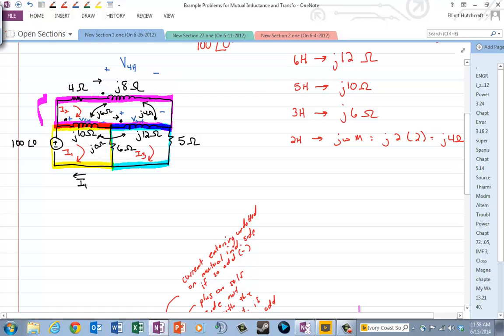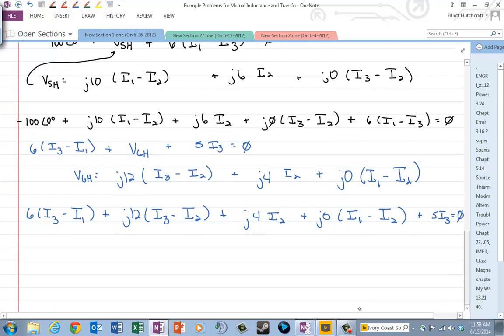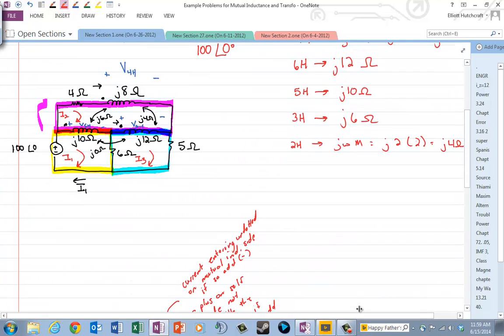And so the first thing I've got to write is, obviously we're going through that resistance, so I need to write 4. The only current in that resistance is going that direction as we defined it, so 4 times I2. Okay, then what I would say you need to do, right, we labeled that V4 Henry, then we labeled the next voltage V6 Henry and the next voltage V5 Henry.